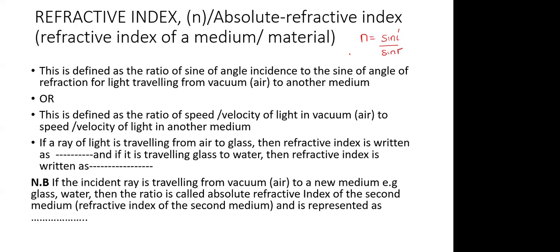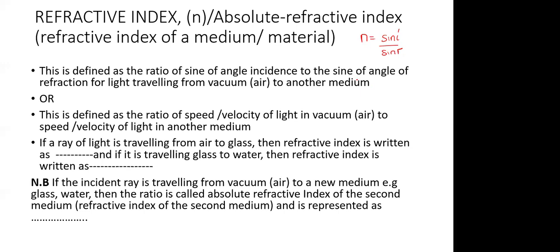So refractive index is how the sine of the angle of incidence and the sine of the angle of refraction vary. When they ask what is the absolute refractive index, it means light is moving from air into another medium. But here, do not specify another medium. Don't say from air to glass. There is no need for you to specify.